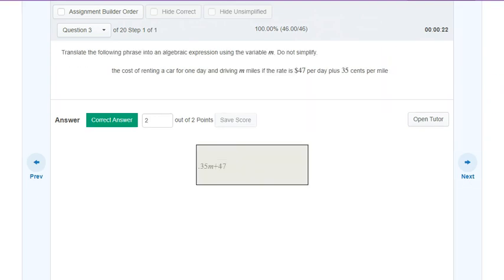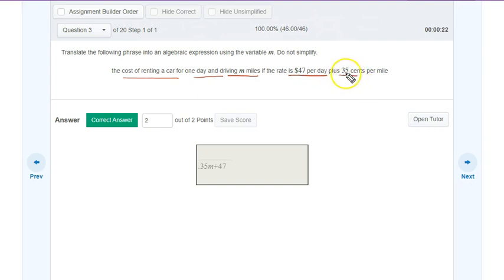Now here we have a word problem. We want to translate what is written here into algebra. The cost of renting a car for 1 day and driving m miles, if the rate is 47 per day, plus, that's dollars, 35 cents per mile.